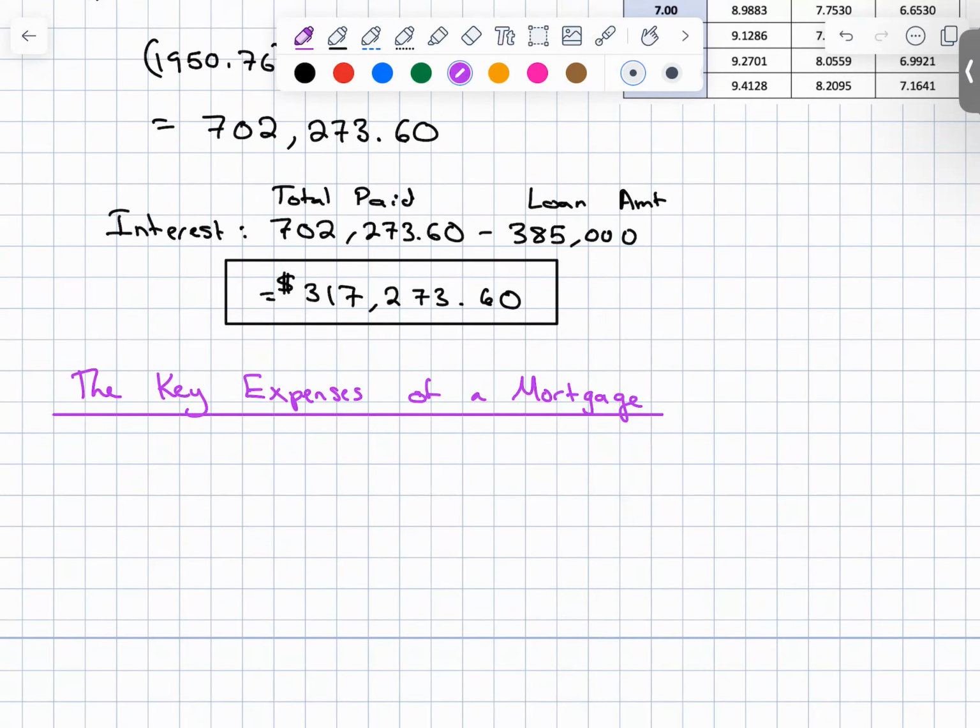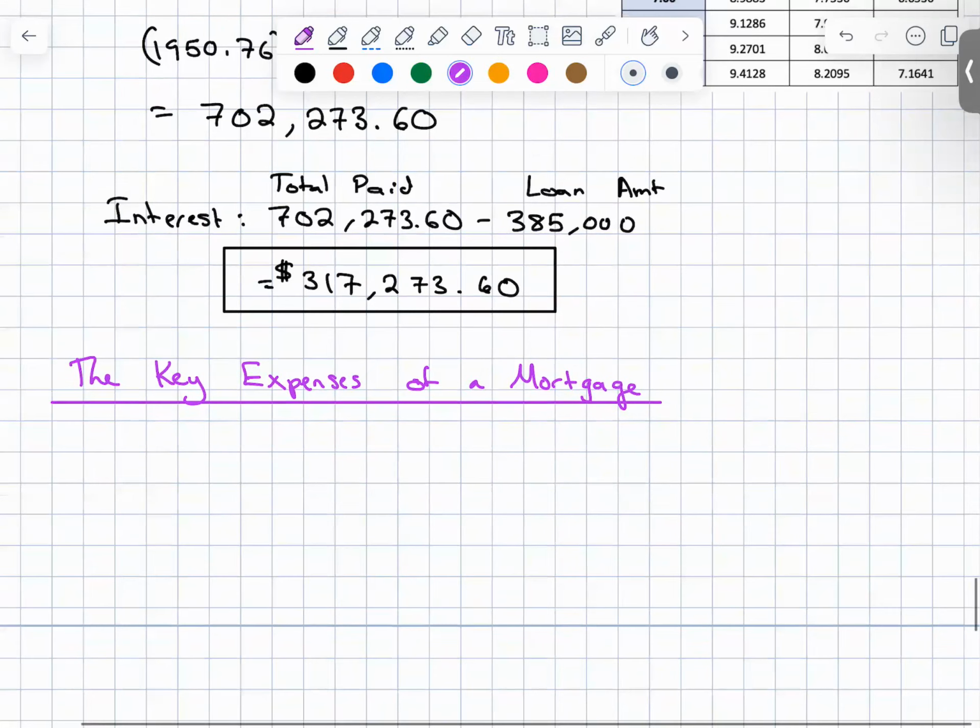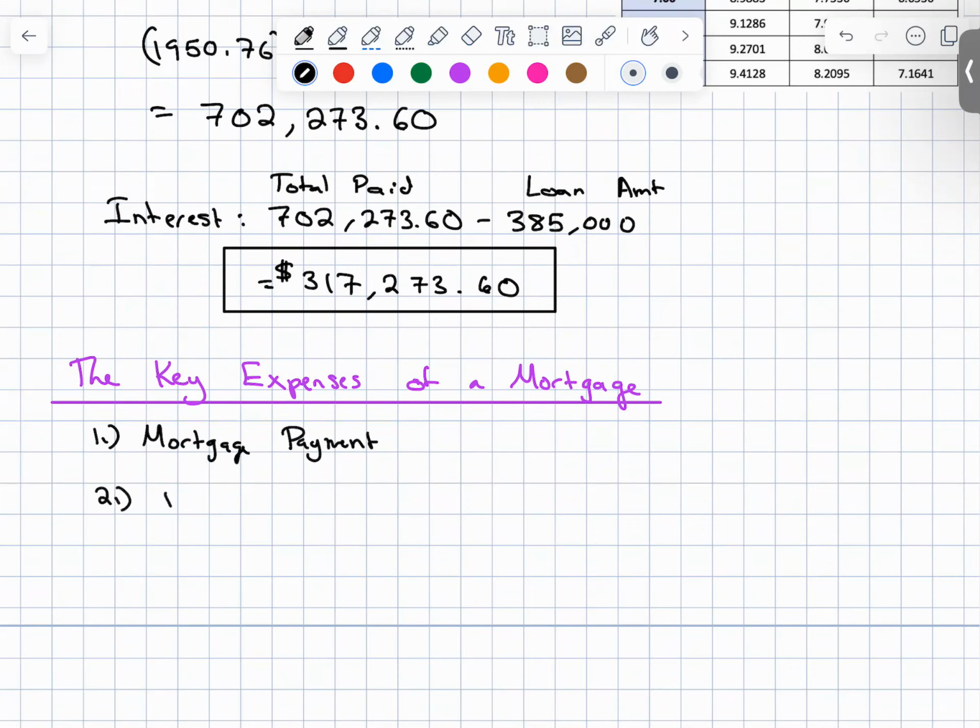There are several other things that come into it. Number one is the mortgage payment. Number two is real estate or property tax.